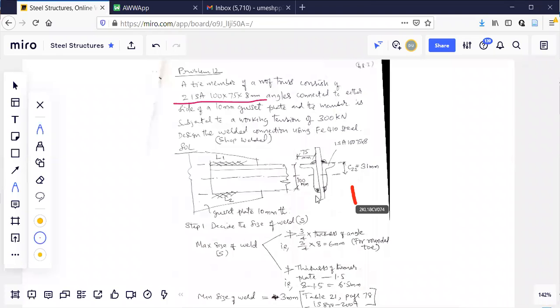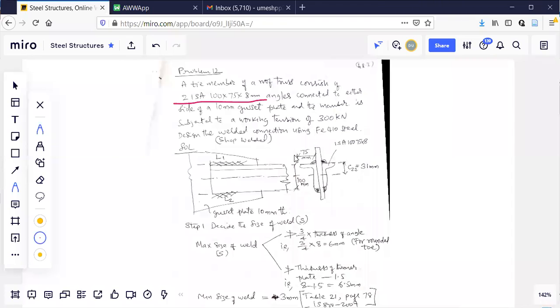So is the problem clear? Two angles are connected back to back to a gusset plate. This is a very common feature in any truss. Any big size truss, if you go to industry, just look at the top, you will find that most of the members are two angles connected back to back.